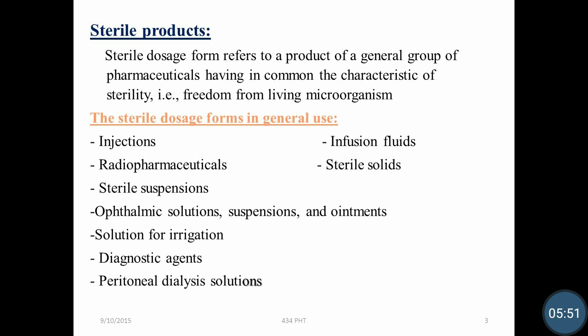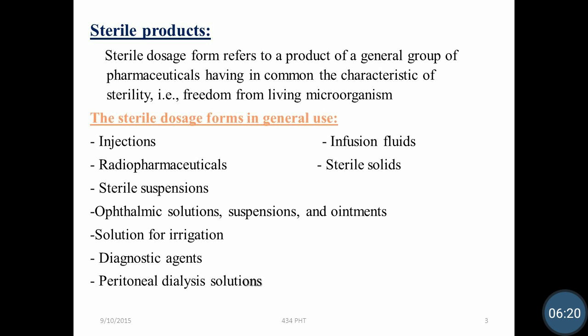Then the solution for irrigation. Different non-pyrogenic isotonic solutions are used to clean or wash the different body cavities. For example, the 0.9% NaCl solution, which is isotonic with the body fluids, is used as an irrigation solution and it is given by the parenteral route.